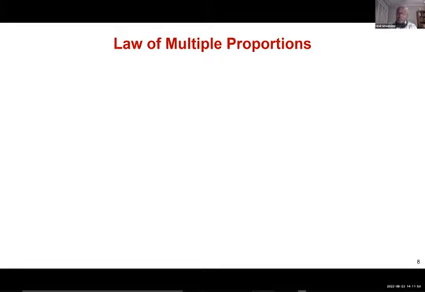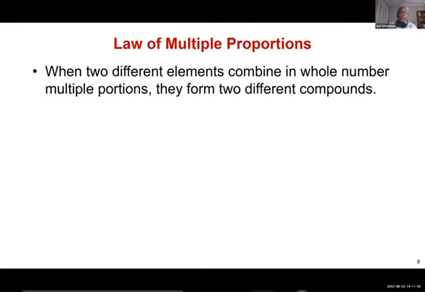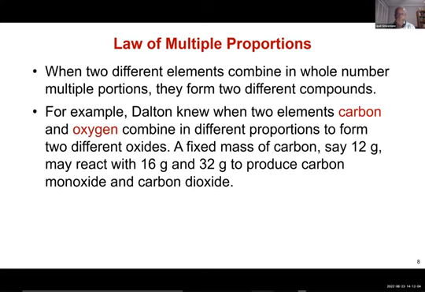When two different elements combine in whole number multiple ratios, they form two different compounds. For example, carbon and oxygen combine to form carbon monoxide and carbon dioxide.